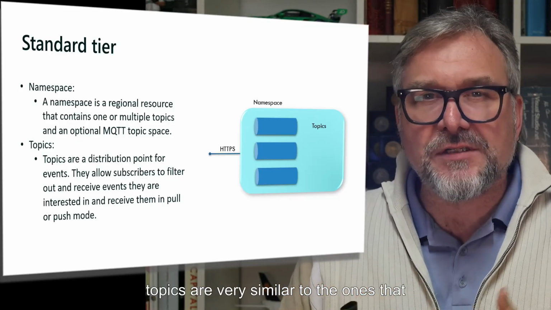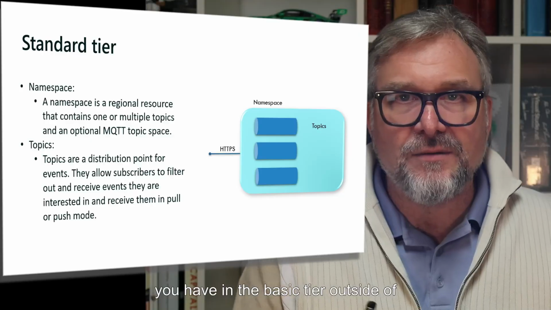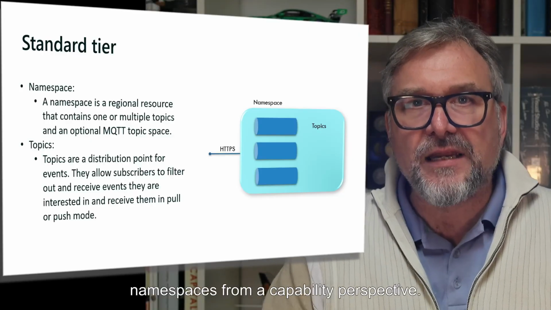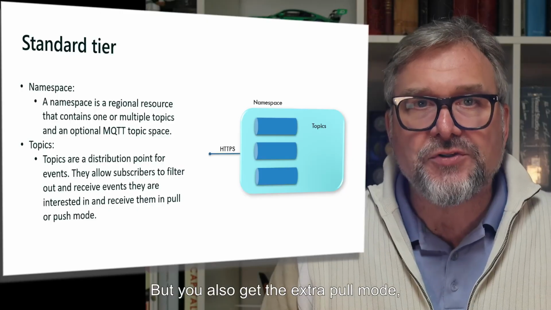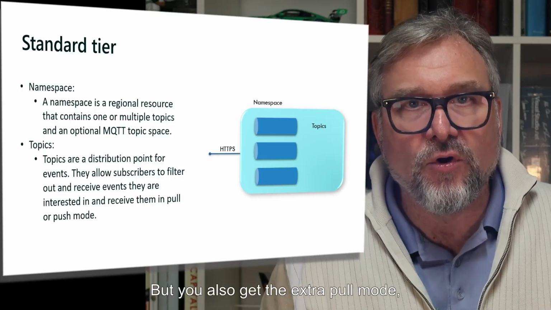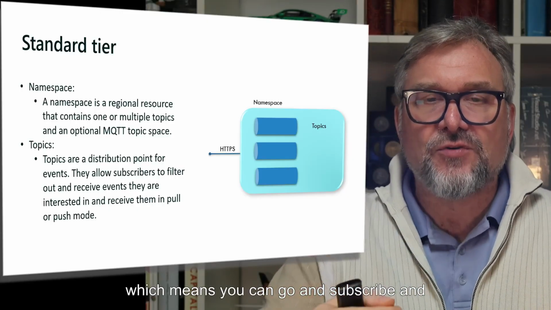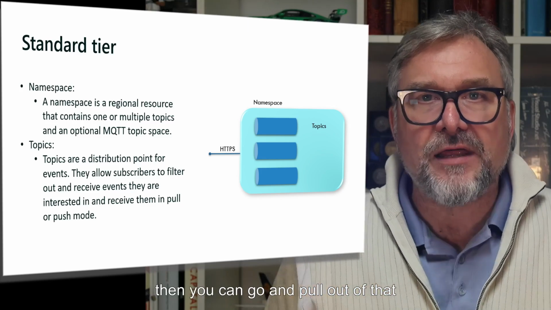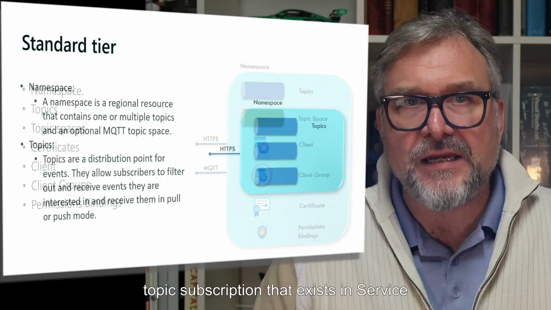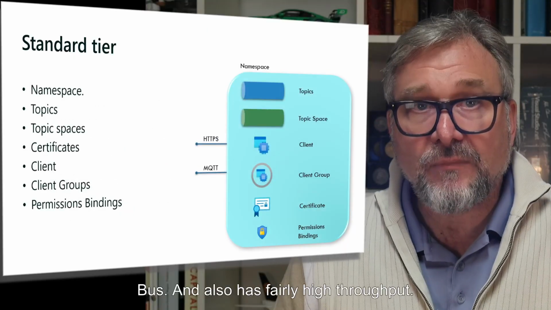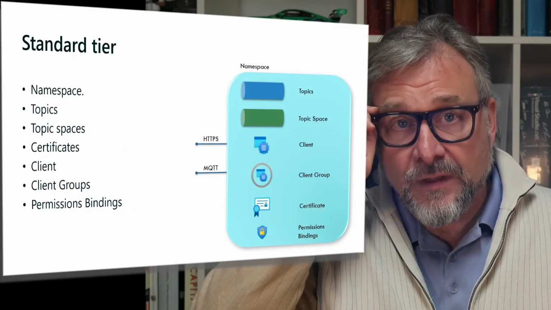Those topics are very similar to the ones that you have in the basic tier outside of namespaces from a capability perspective. But you also get the extra pull mode, which means you can go and subscribe, and then you can go and pull out of that subscription, which is very similar to a topic subscription that exists in Service Bus and also has fairly high throughput.